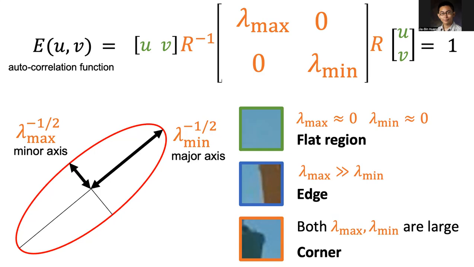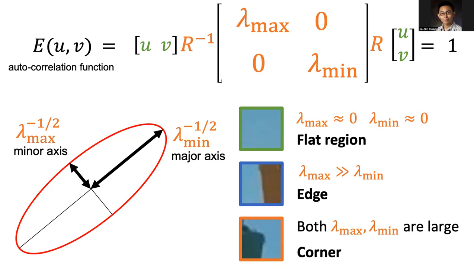So when you say that the max and minimum eigenvalues are large, how do they compare to each other? Because for the edge, you said that max is greater than the minimum. Yeah, it's much greater. Basically it means that lambda max tells you that you have some direction that has large changes.